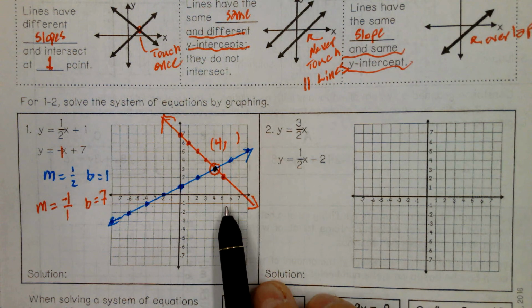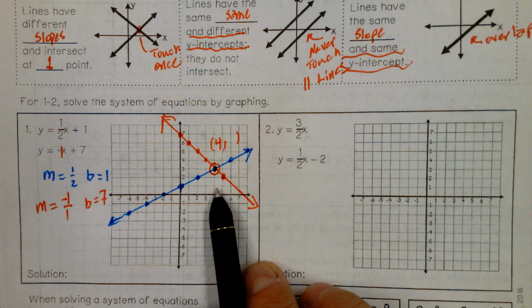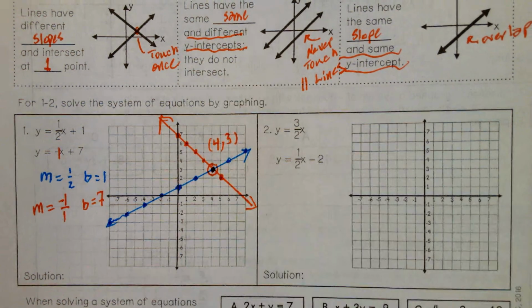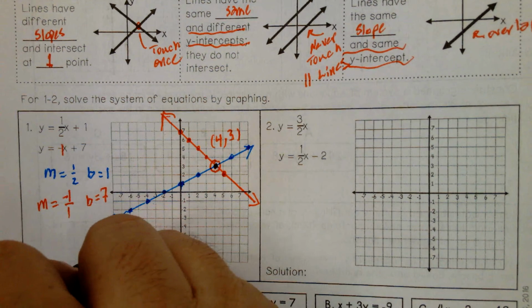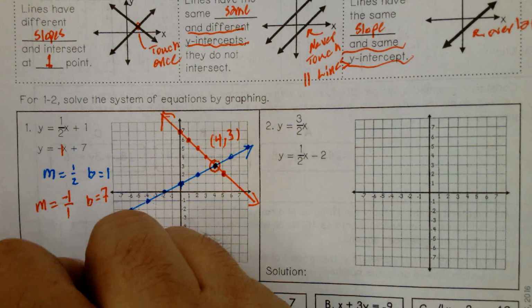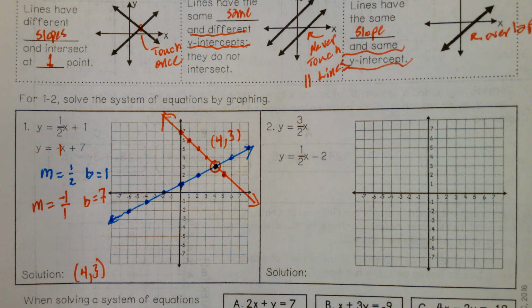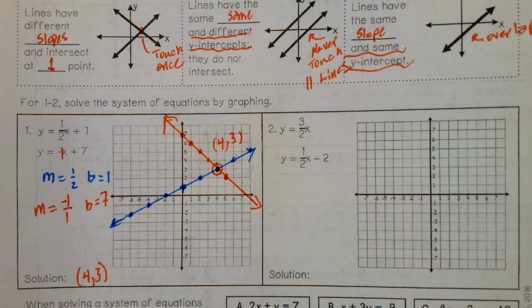Then how much do I go up? 3. 1, 2, 3. So the coordinates are 4, 3. So where it says solution, 4, 3. Okay? So if we were to plug in 4, 3 into both of these equations, it would work in both.